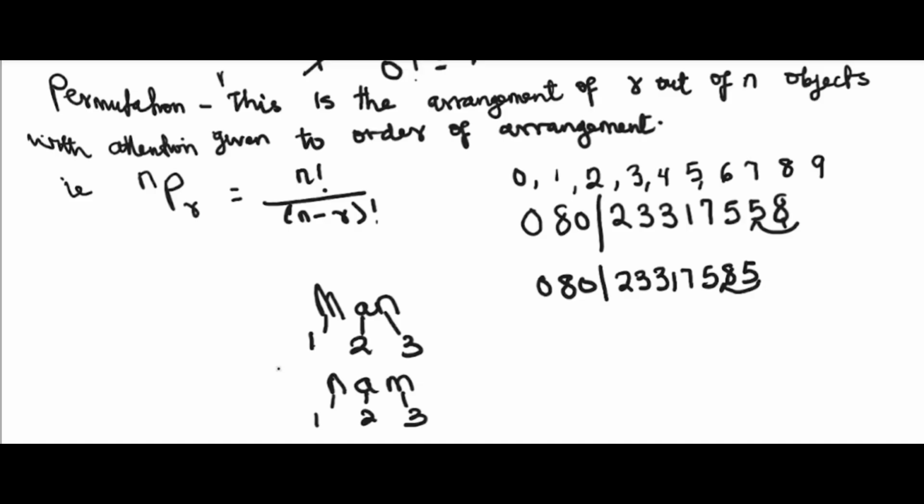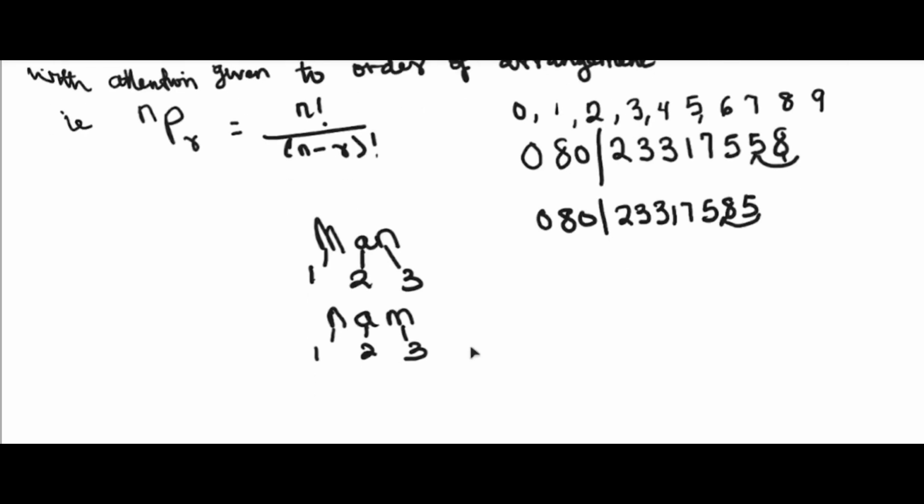Now this permutation is giving us N permutation R. Now what is R doing there? Now I have the word mango and I want to form 3 letters from this word mango. Now this mango, I have 5 letters, right?